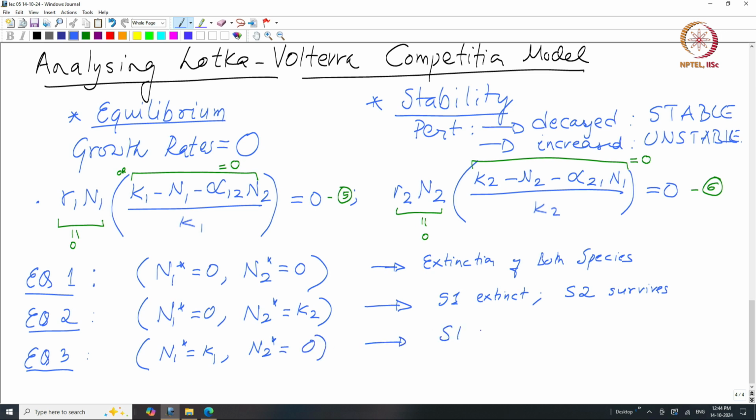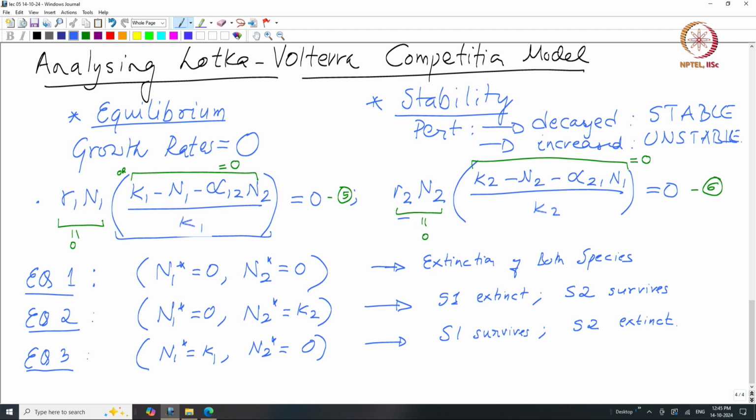So, S1 survives but S2 goes extinct. Okay. And we can obtain the third equilibrium by setting the second part of equation 5, which is the numerator of this term here, to 0, while setting the first part of equation 6, which is this, to 0.